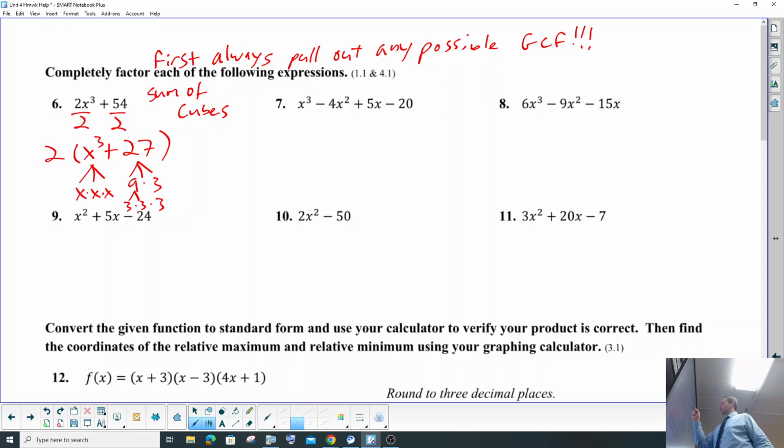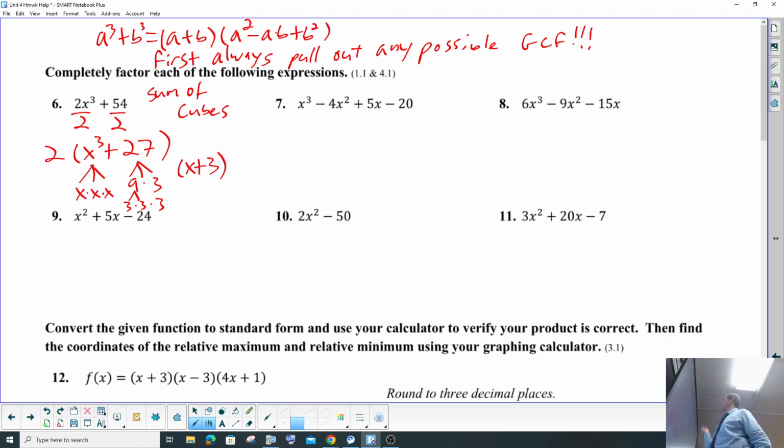Good. So do you remember how it goes? We take our x and we add it with our b value, which is 3. So remember, a cubed plus b cubed is equal to a plus b times a squared minus a times b, and then plus b squared.